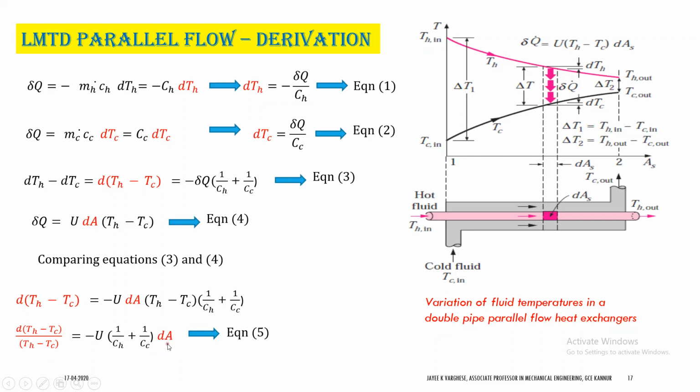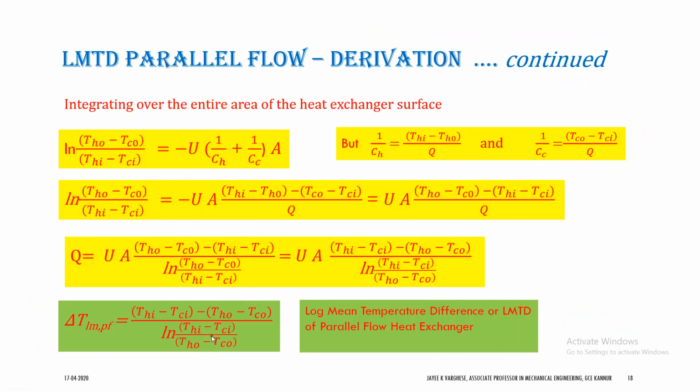So now remember that Th and Tc vary from the inlet end to the outlet end, whereas U, Ch, Cc, etc. are constants. So now integrating over the entire area of the heat exchanger surface, we will get log Tho minus Tco at the second end, final minus initial.